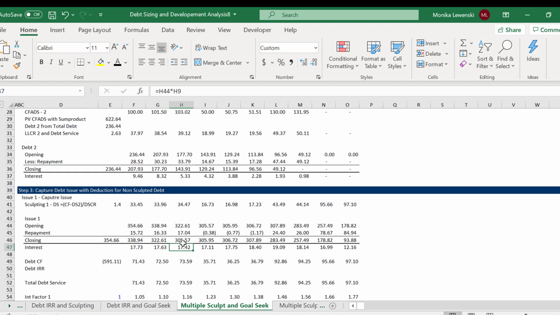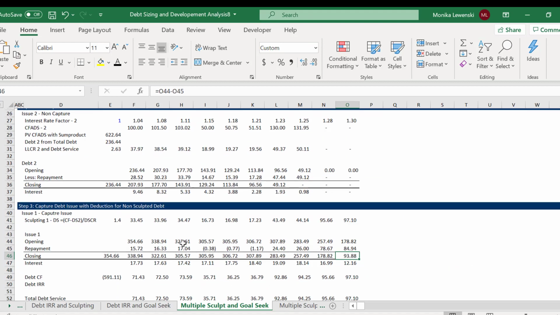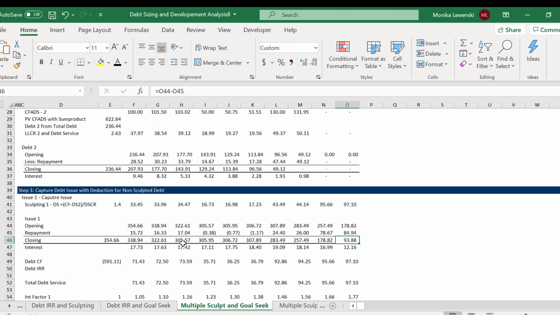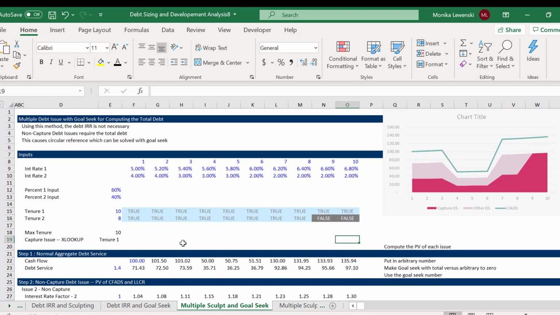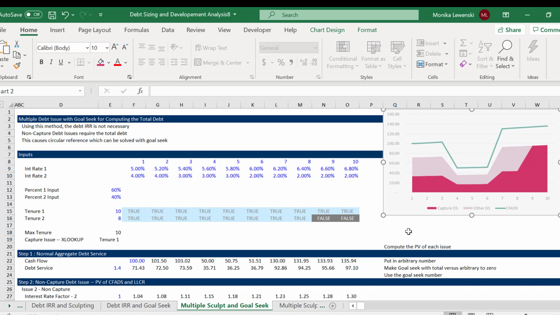Now, I think I'm not ready here because I didn't make a goal seek, so we're going to have to put a little goal seek button here, which I don't seem to have put in yet. Now what I'm going to do is show you how to do this one with a goal seek method, which you might like best probably, and then a debt IRR method.